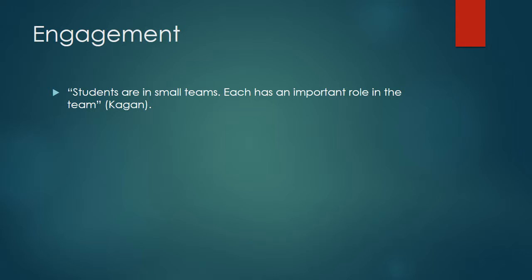So if students each have a role in the team, then you're going to have students more engaged in their learning, as opposed to if students didn't have specific roles, and then they could feel like they don't have to participate. But Kagan also adds that in groups, non-participation is not an option. So by giving everybody that important role, you're trying to guarantee that everybody is going to participate and you won't have any non-participators.